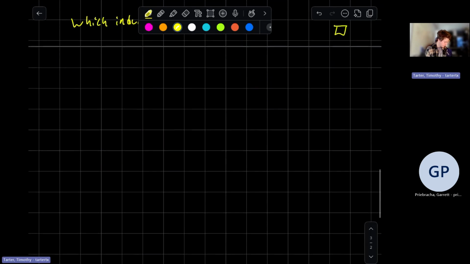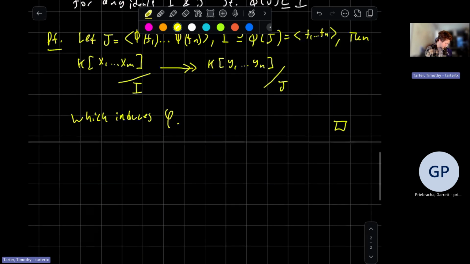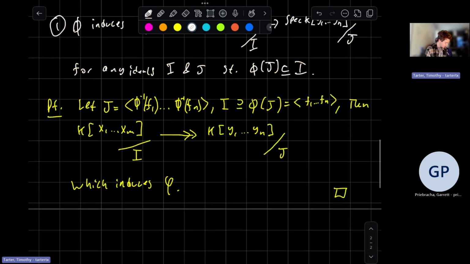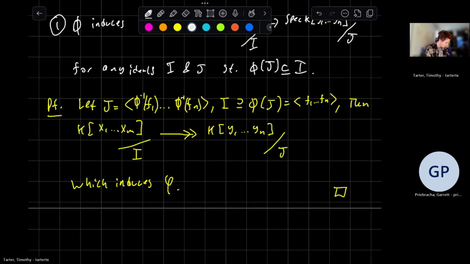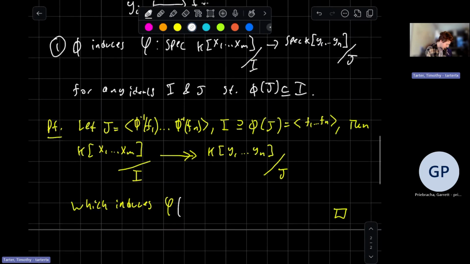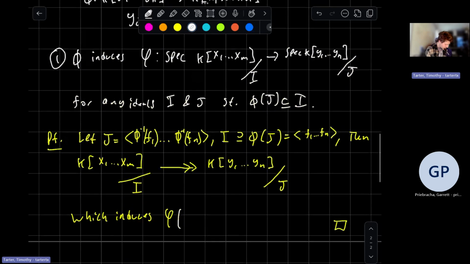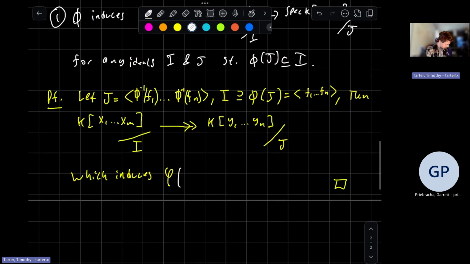And then that induces Spec. And I guess we can write out how it works. Let me do this in blue.